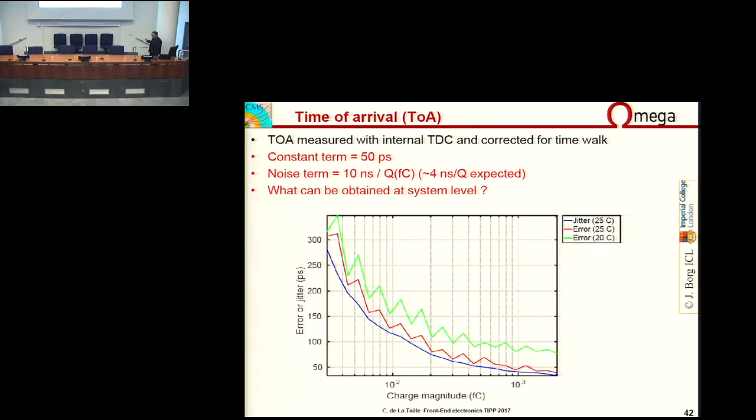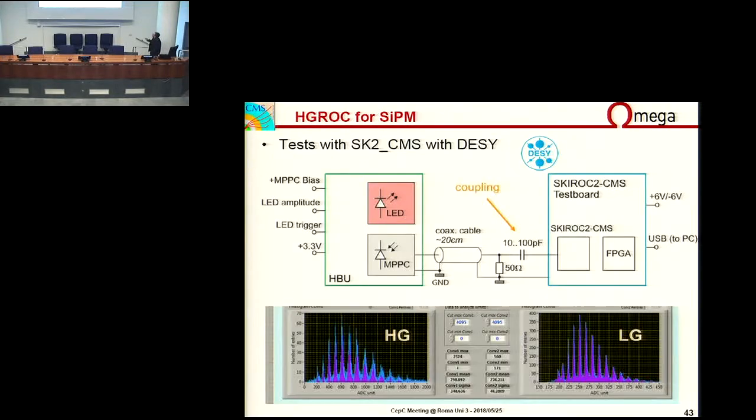Concerning the time measurements, for tens of MIPs, we plan to have a very good precision, tens of picoseconds. So this is something that cannot be achieved with very low charge injected.